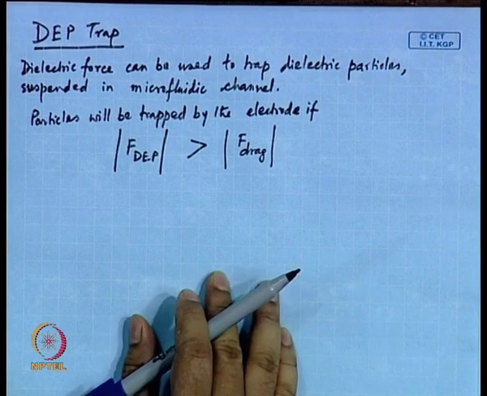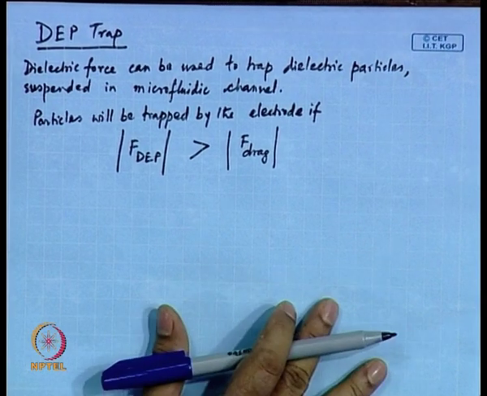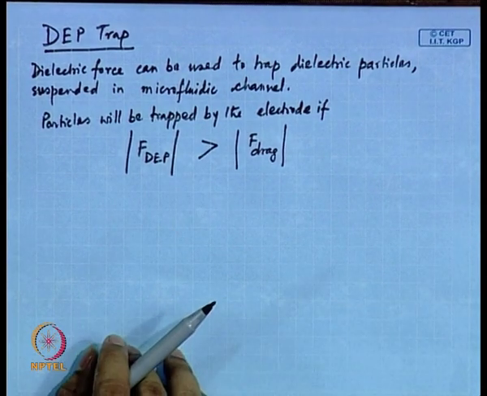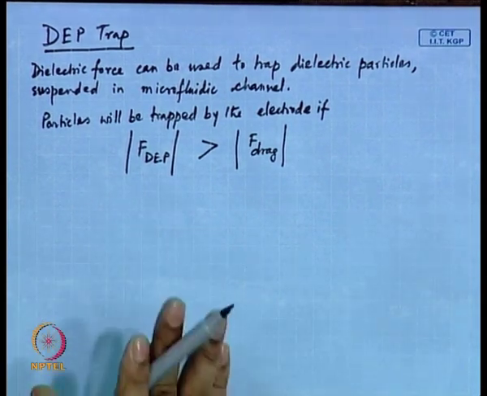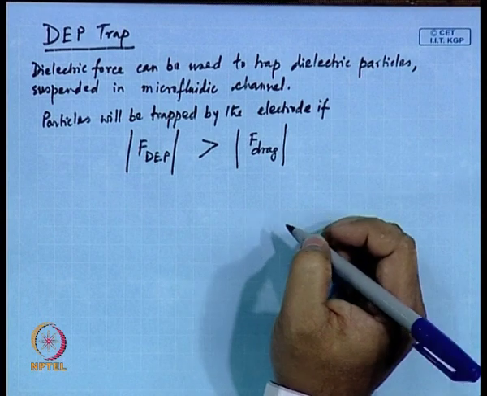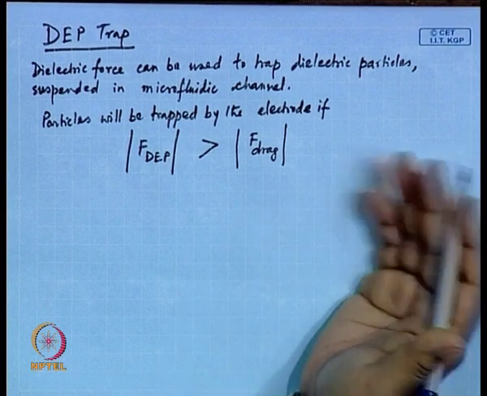I would probably like to have your views also on how it should be done, but FDEP we have some idea, P dot delta E, and F drag will come from Stokes law. That is perfectly applicable in this case. So this inequality basically shows the limit of it.